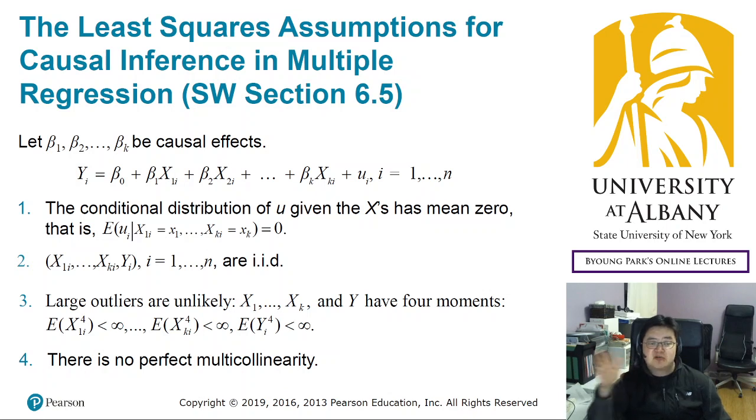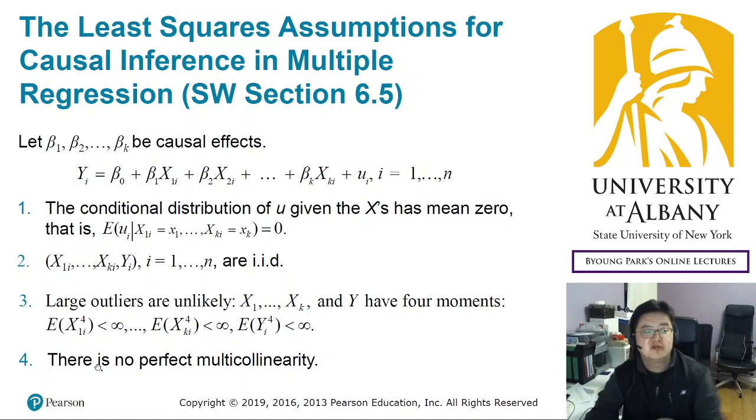So when the regressor changes, the error term should show no pattern. And second is an IID assumption, which is the most fundamental assumption in statistics. And third regulates the number of outliers. The number of outliers should be small enough.